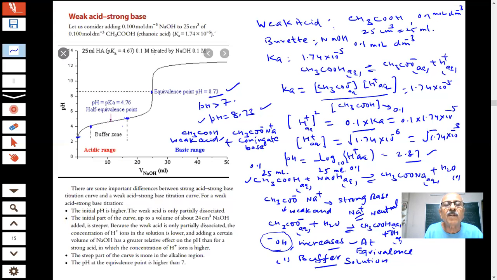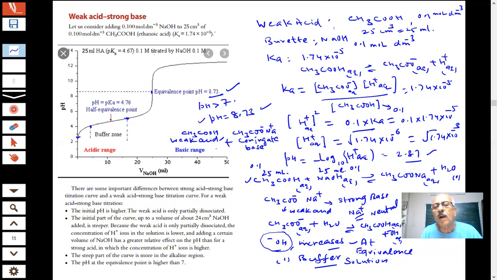So the pH will change less in this region, up to around 16 or 17 milliliters. You can see there is less change in pH. This is called the buffer zone because a buffer has been formed, and the buffer resists change in pH.